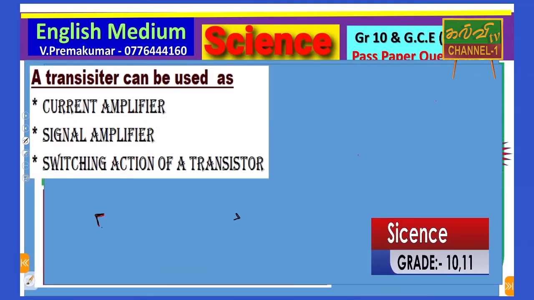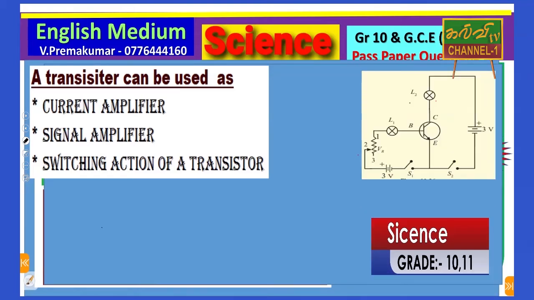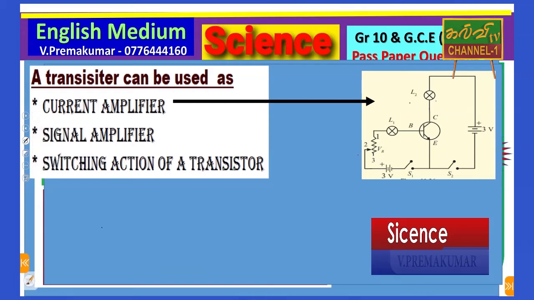A transistor can be used as a current amplifier, signal amplifier and for switching action. Sometimes you can find this in your books, right? These are the circuits for using it as a current amplifier. By varying the resistance here, you can find out the amplification of current from this diagram.